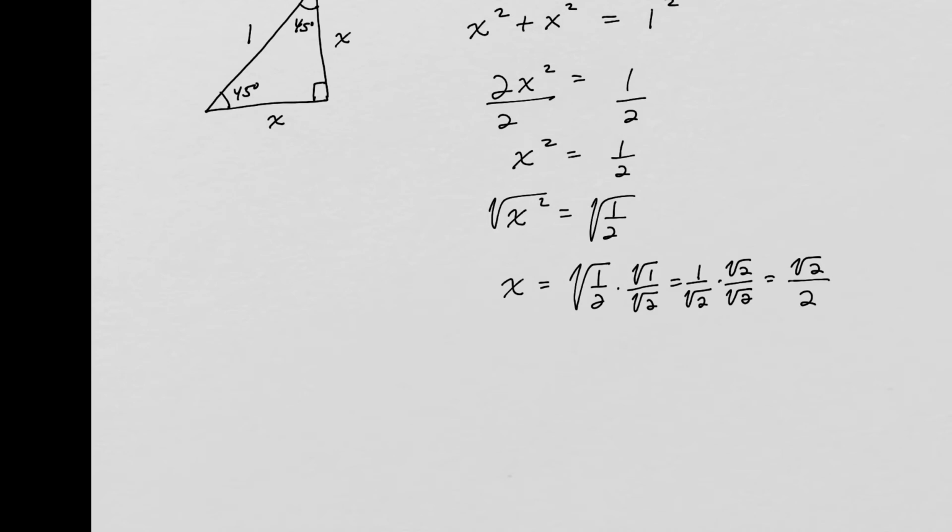So we know that x is equal to radical 2 over 2. Okay, so now let me draw this again. So this is 1, this is radical 2 over 2, this is radical 2 over 2. Okay, so that tells us, or this is 45 degrees.